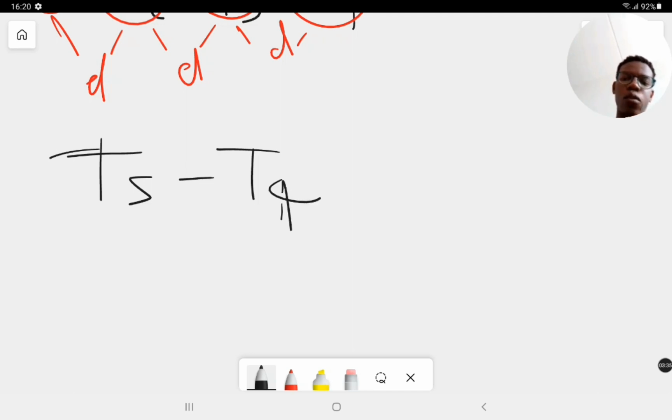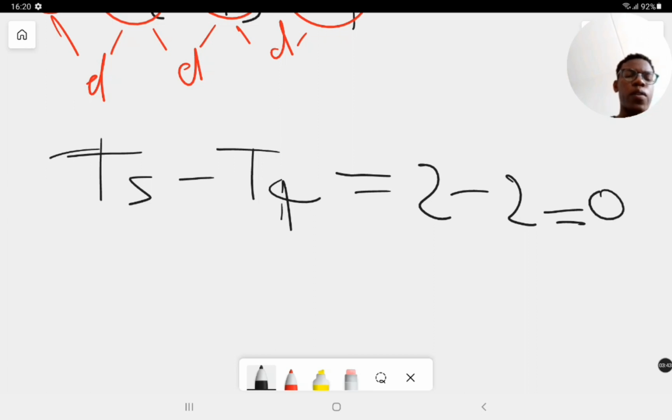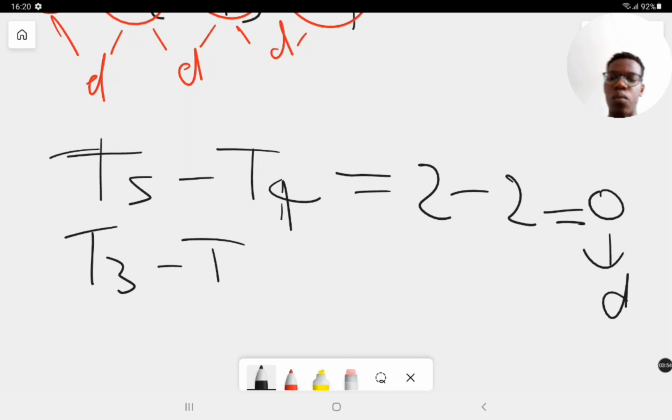T5 minus T4 is equal to 2 minus 2, and that gives you 0, and 0 is what we call D, the common difference.